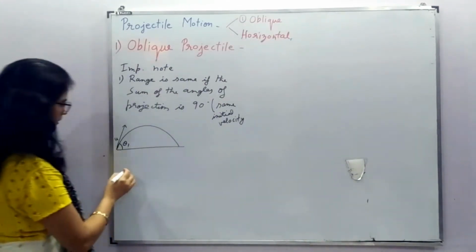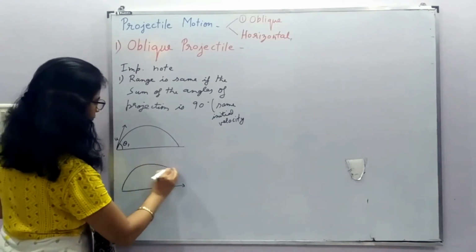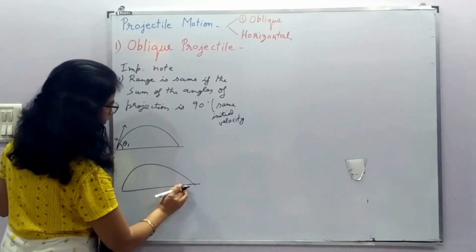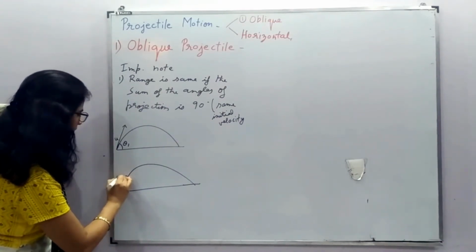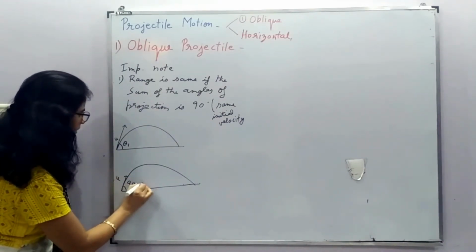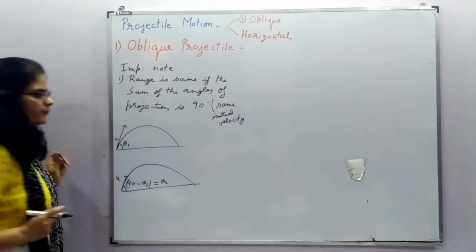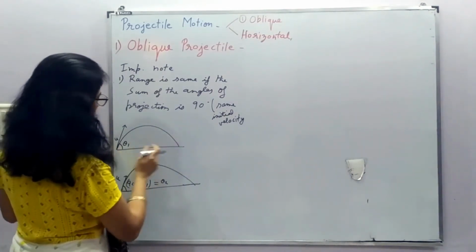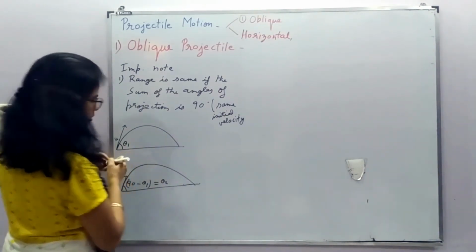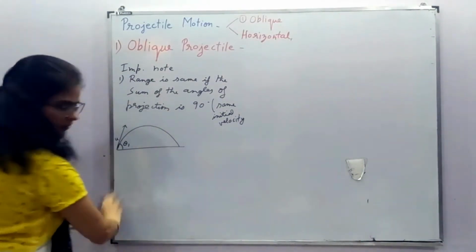Suppose in the second case, the angle of projection is 90 minus theta 1. So let's consider this whole angle as theta 2. So they are saying that the range will be same in this case. So I'll draw this diagram in the same figure. That will help you in understanding better.